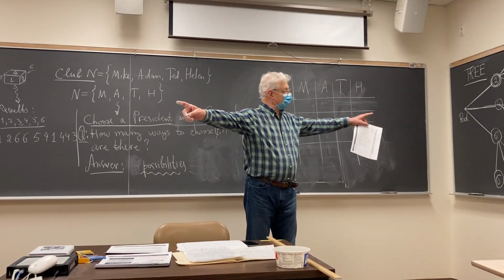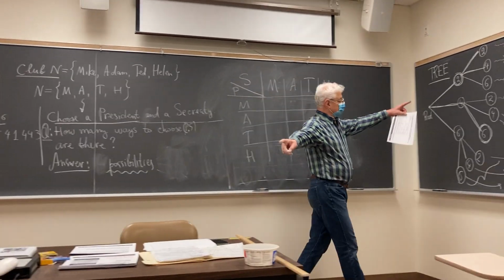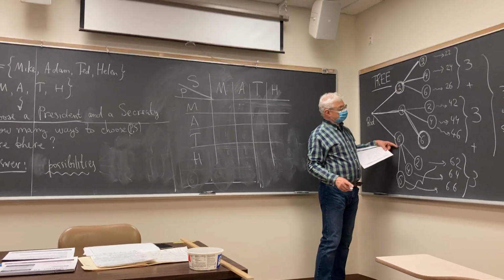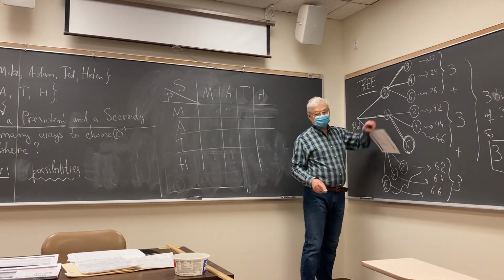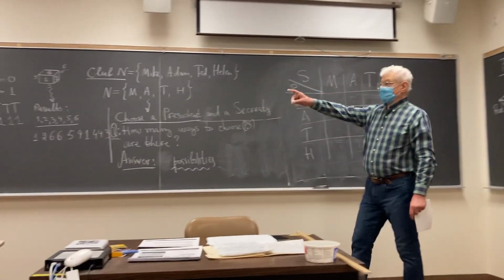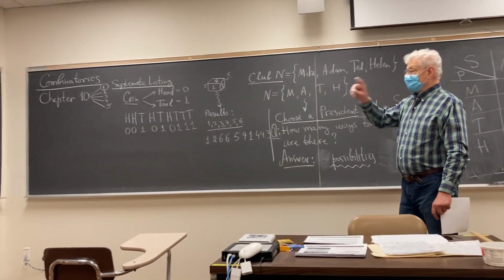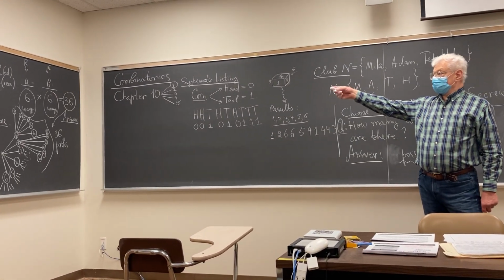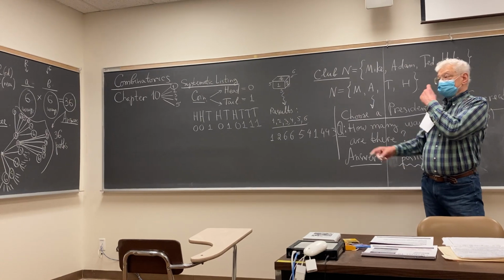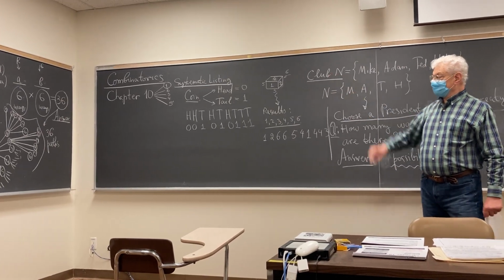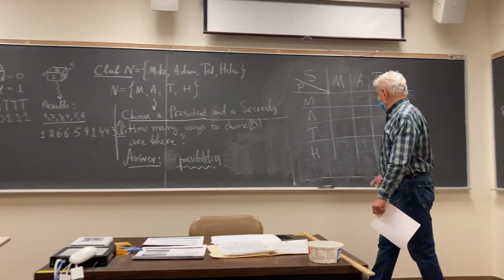No restrictions there. Any digit from 2, 4, 6 could be the first digit, and any digit could be the second one. Likewise with the dice, any outcome of 6 could be taken on the first die, and also 6 on the second one. Here we have restrictions.